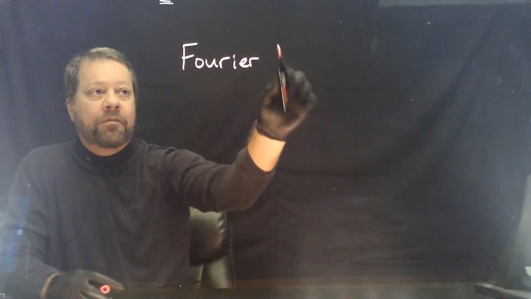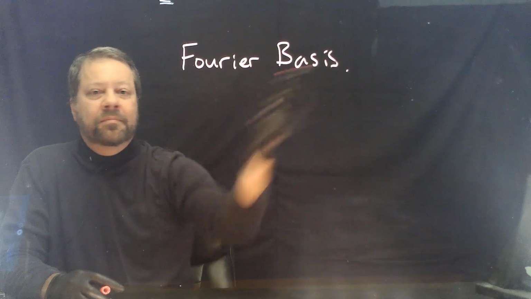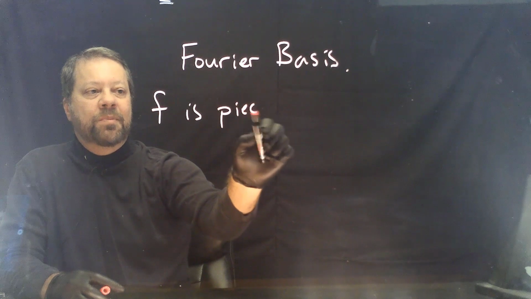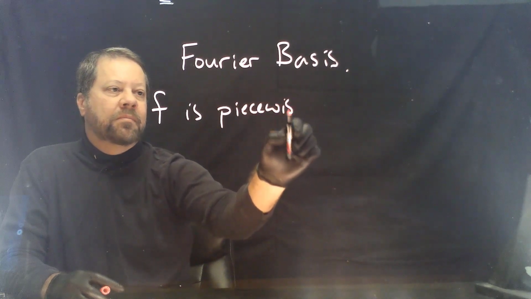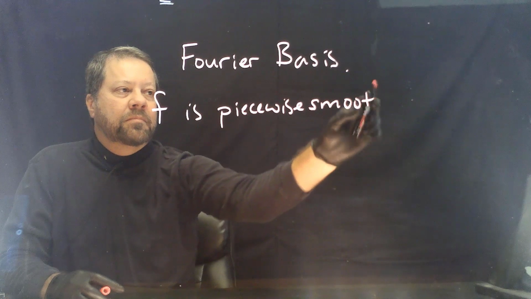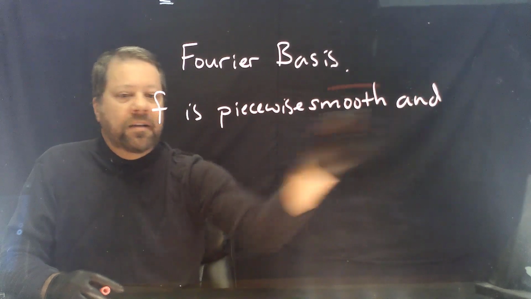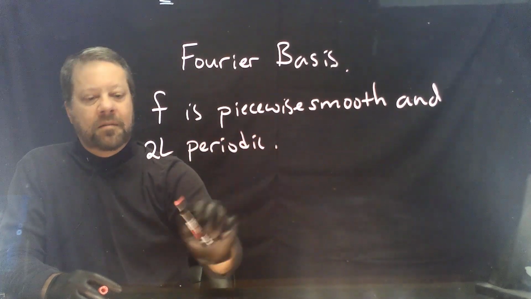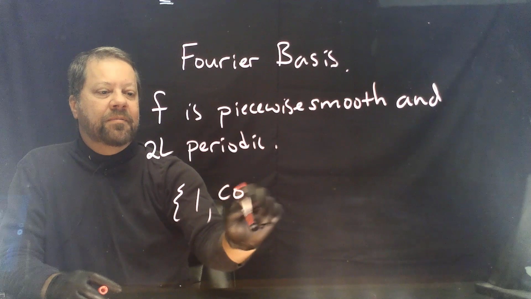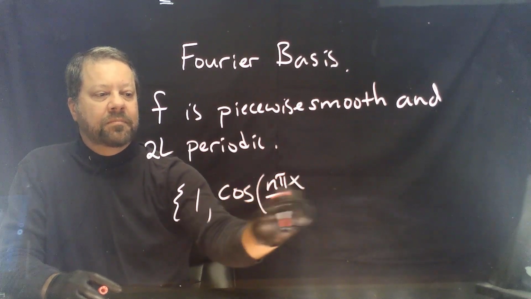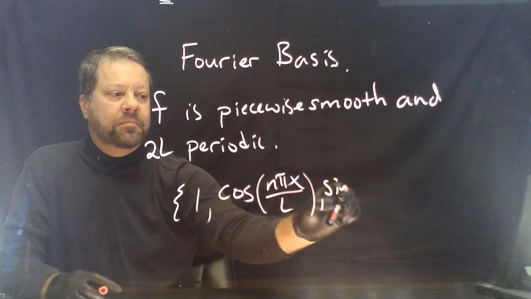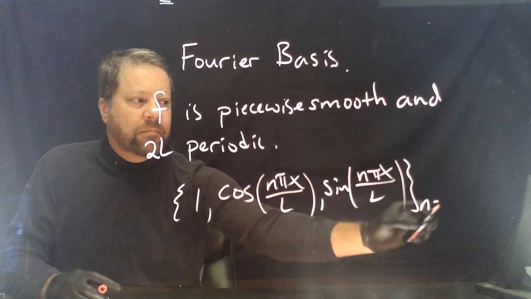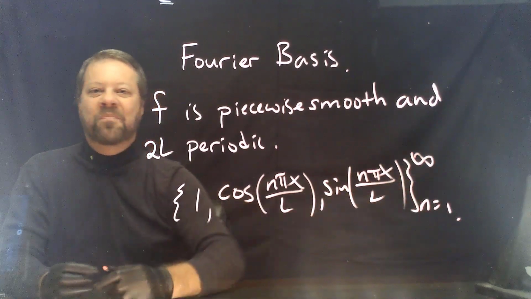and we have in particular a Fourier basis. If f is piecewise smooth and 2L periodic, we have this basis where n goes from 1 to infinity.